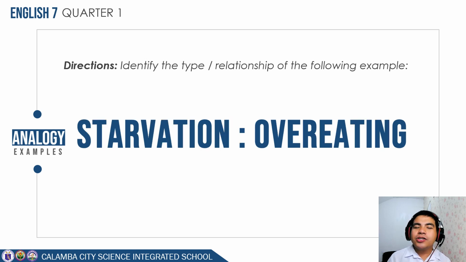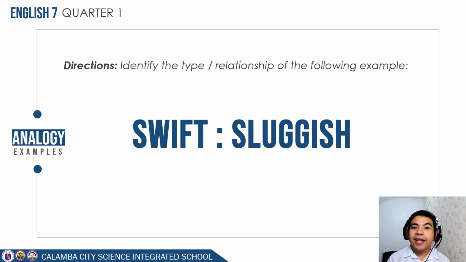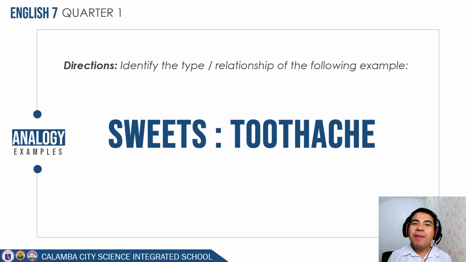Starvation is to overeating. Next, swift is to sluggish. Are you doing good in your notebook? How about this? Sweets is to toothache.